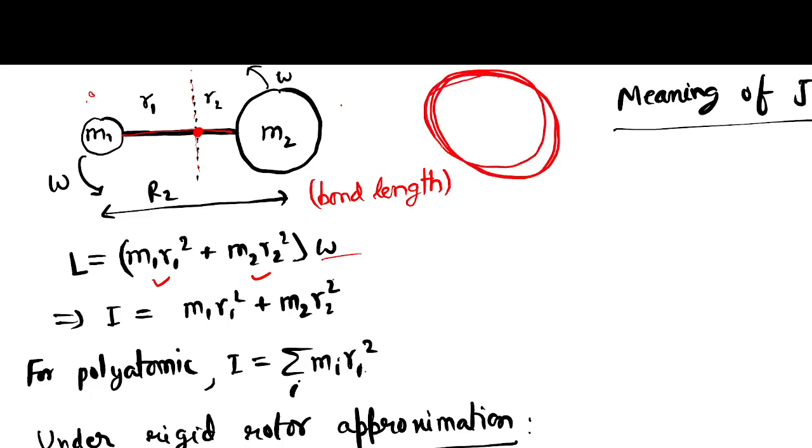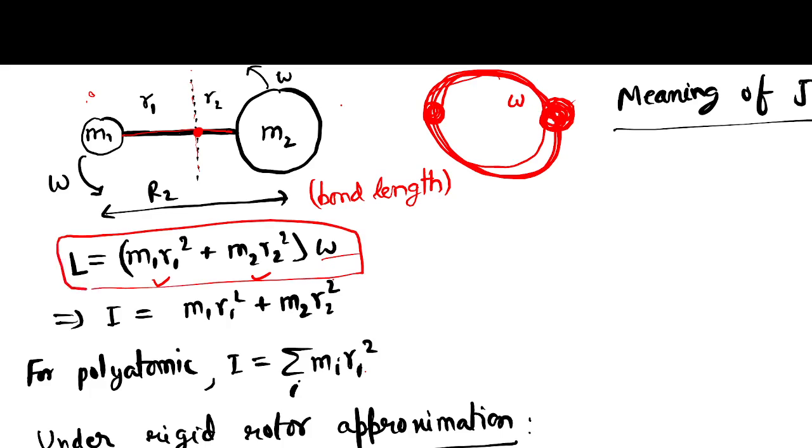Because of this rotation we have angular velocity omega, and we have two particles, one here and one here. The moment of inertia for the two particles will be different because the masses are different. So we can write the expression like this. And considering a rigid rotor means that during rotation the bond length should not change.